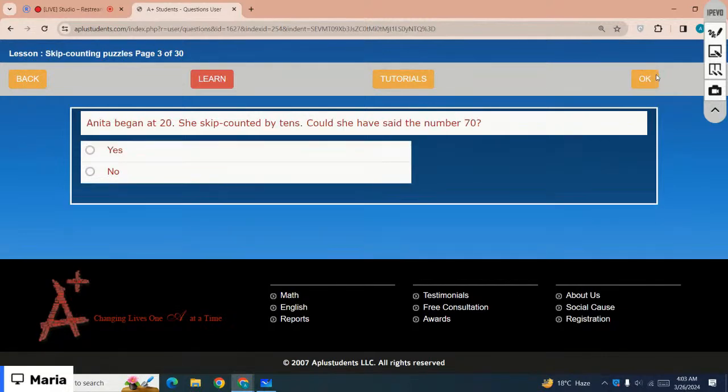Okay, the next one is Anita began at 20. She skipped counting by tens. Could she have said the number 70? So, which is the correct option?